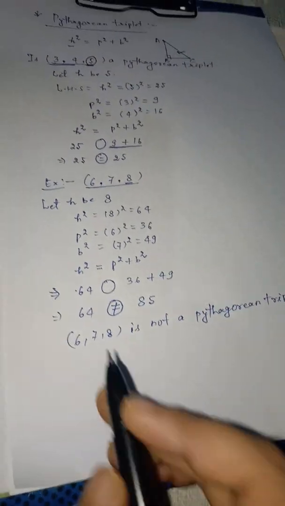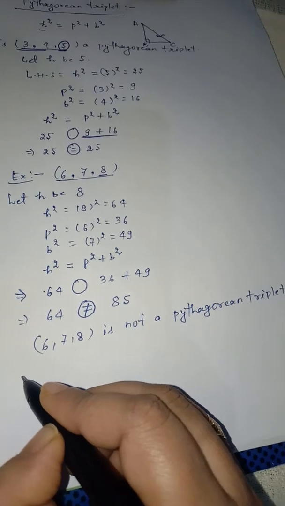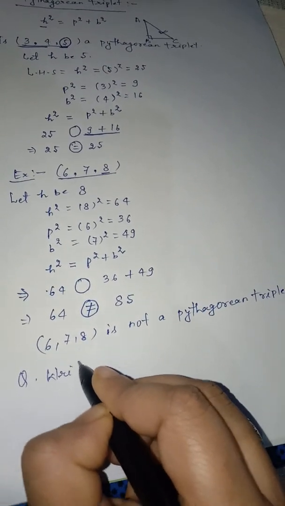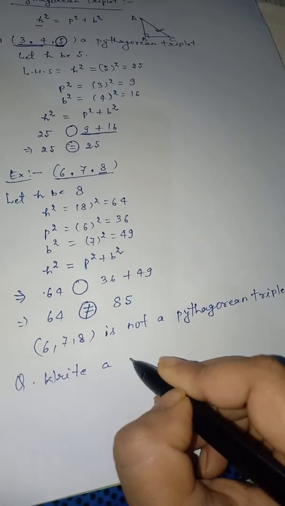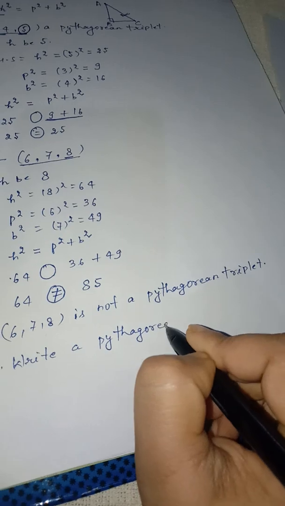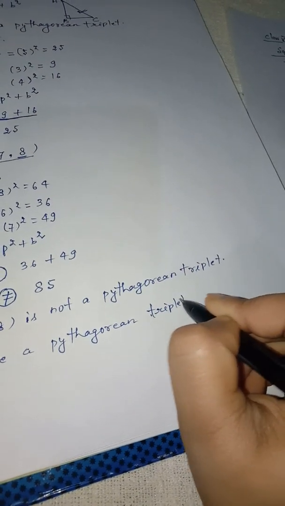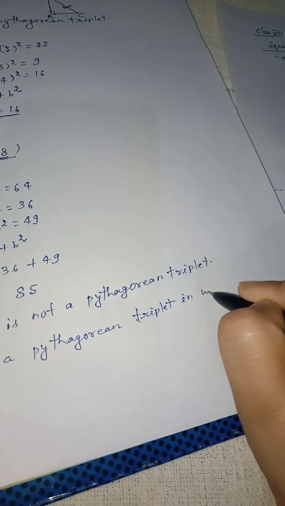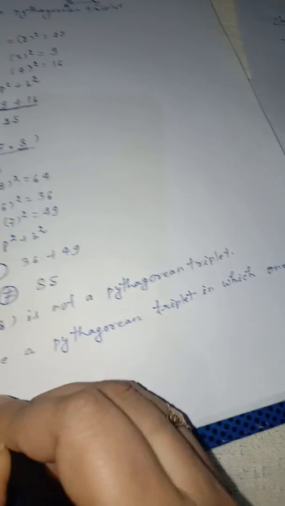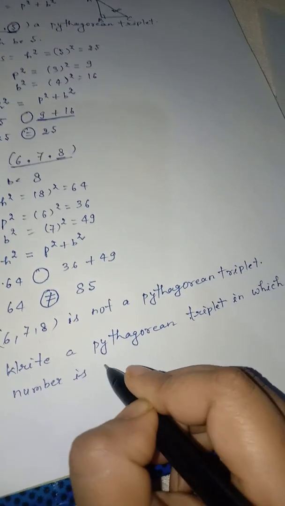But another type of question may be asked in examination. Write a Pythagorean triplet in which one number is 12.